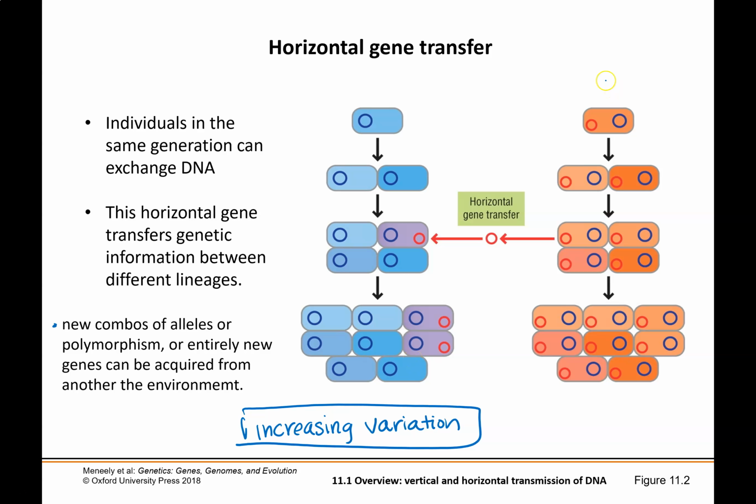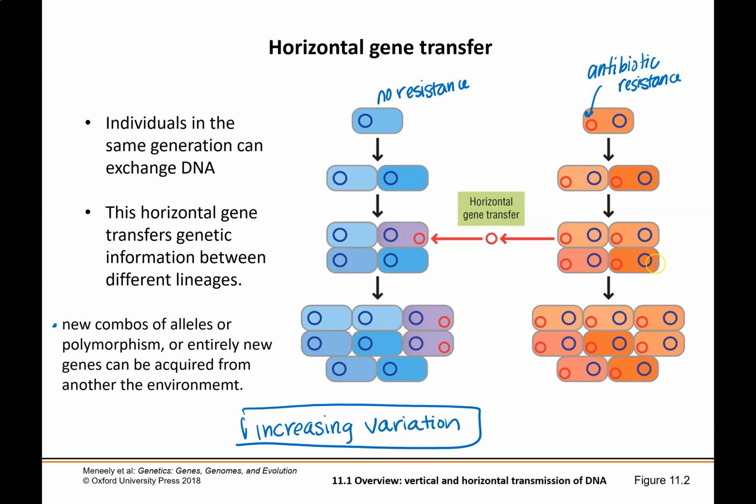So let's say that this orange population encodes some sort of antibiotic resistance. And this one over here, the blue, doesn't. They have no resistance. So in the presence of an antibiotic, these blue organisms are going to be wiped out. They're going to be killed by the antibiotic.